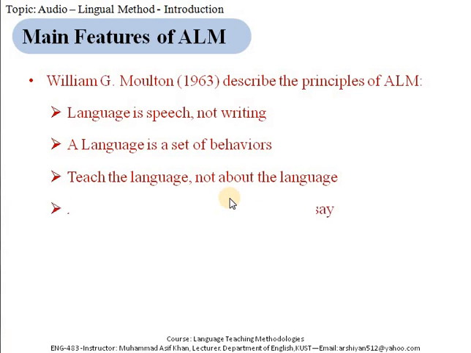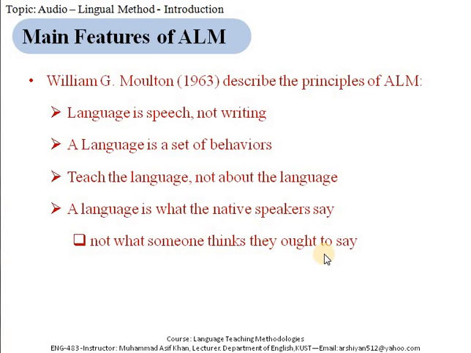The fourth principle described by Moulton is that a language is what the native speakers say, not what someone thinks they ought to say. So actually language is something that comes from that very area, and we have to follow the patterns that are set by the native speakers.